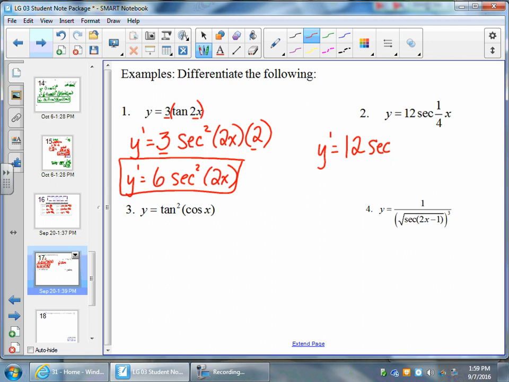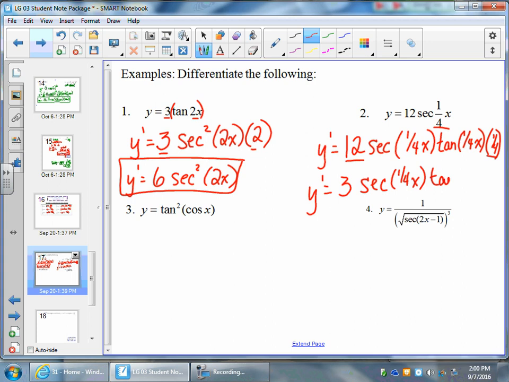So it's going to be secant times 1 over 4x, then tan times 1 over 4x, and then the derivative of 1 over 4x would just be 1/4. Simplify that. 12 times a quarter is going to be 3. And then the rest of it, we need to just leave exactly how it was.